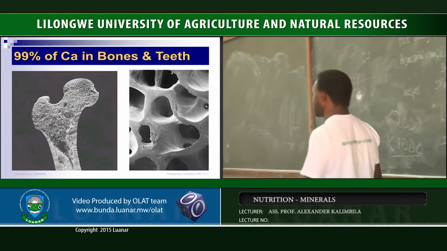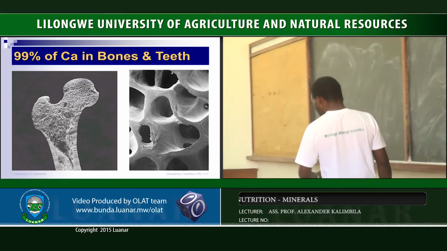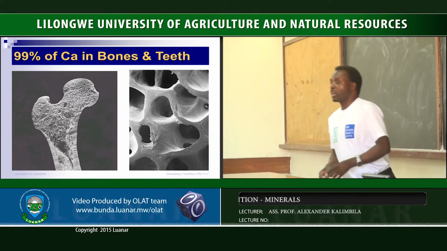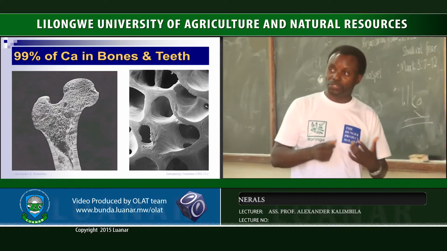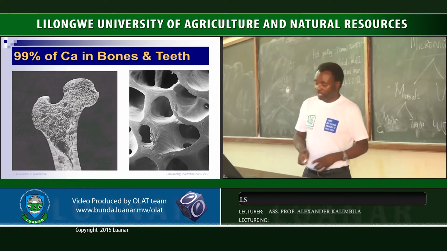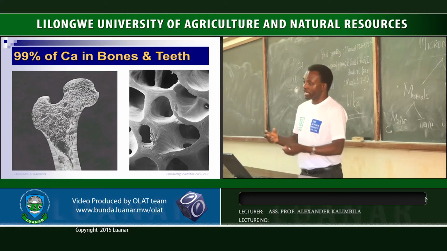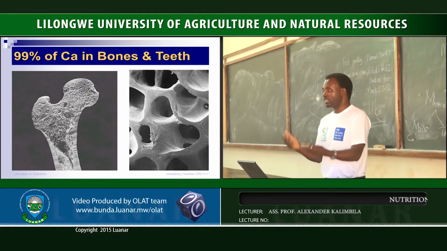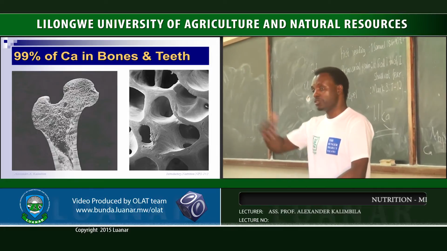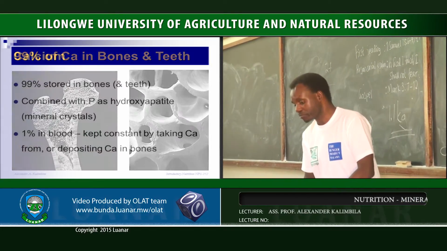99% of all your calcium is seated in your bones, deposited during childhood. For those of you that are still growing up, every day that you eat foods rich in calcium, you are taking part of the calcium and adding it to your bone, and your bones become denser and richer and better, preparing you for ages to come.